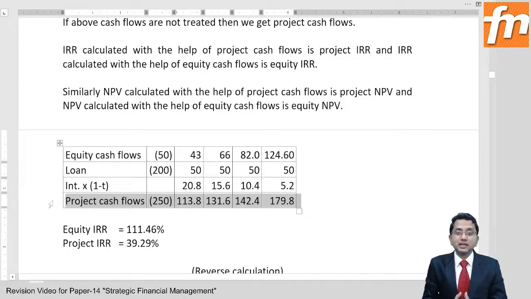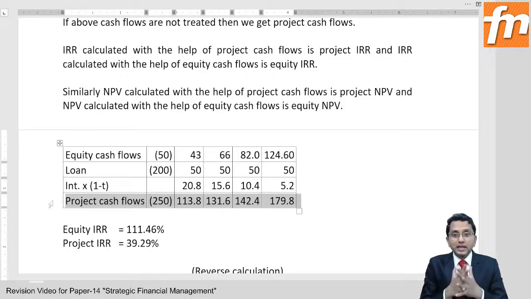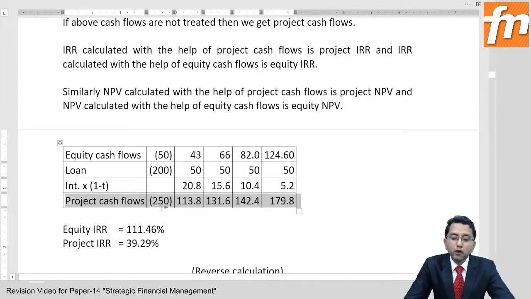Project cash flows means the cash flows if we ignore loan related cash flows. If we ignore loan related cash flows, then my outflow at year 0 would have been 250 lakhs. Inflow at first year would have been 113 lakhs, 131 lakh, 142 lakh, 179 lakhs.